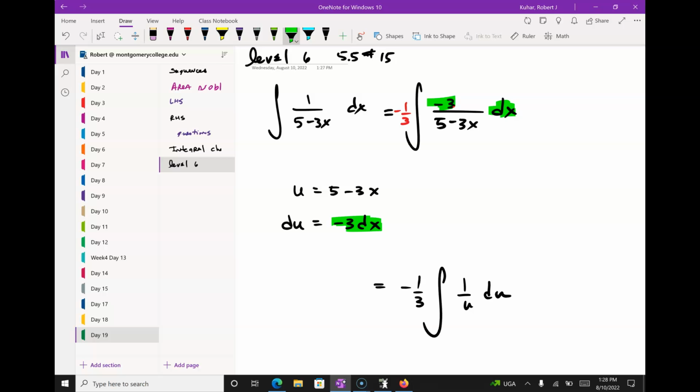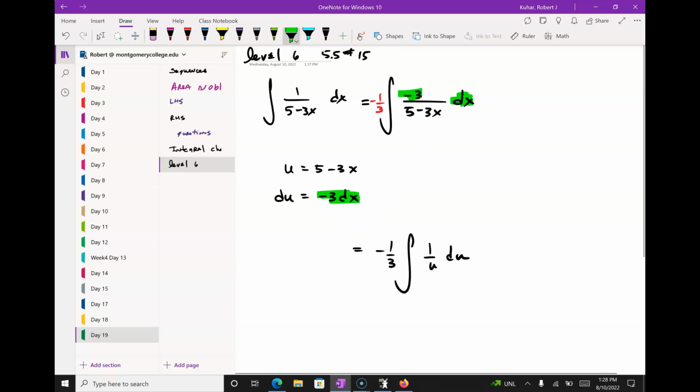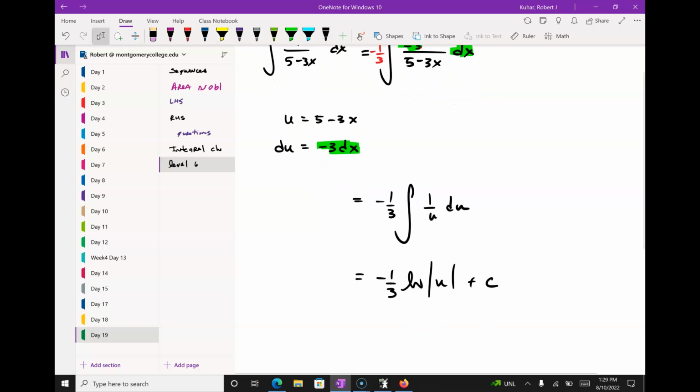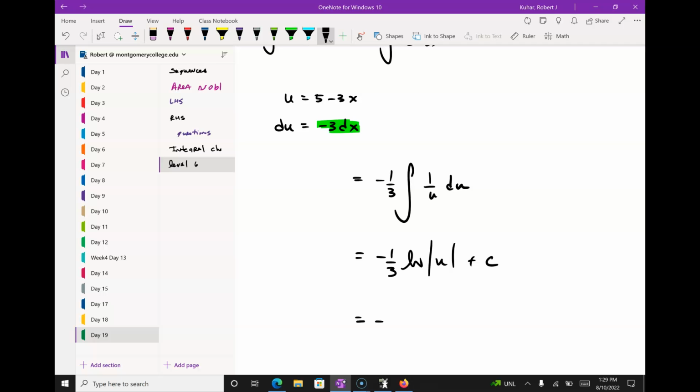So we get negative 1/3 times the ln of the absolute value of u plus c. And then u is what? 5 minus 3x? So I need the absolute value here, because 5 minus 3x could be negative, so I have to be careful about that.